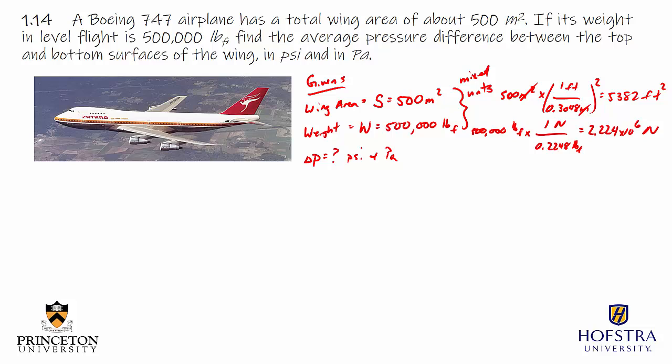So to try and understand how we solve this problem, we first have to think about a free body diagram on our Boeing 747. So we've got flow going over. If this airplane is moving from right to left, our flow will be going over it left to right. And if we think about a free body diagram, we're going to have some forces acting on this aircraft.